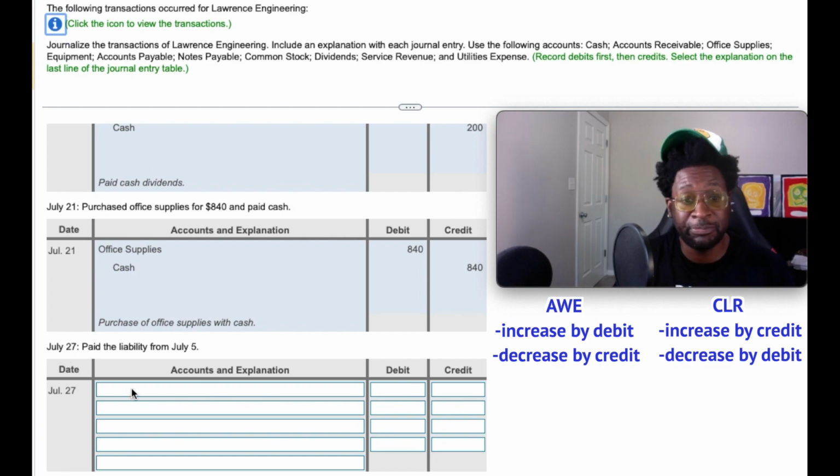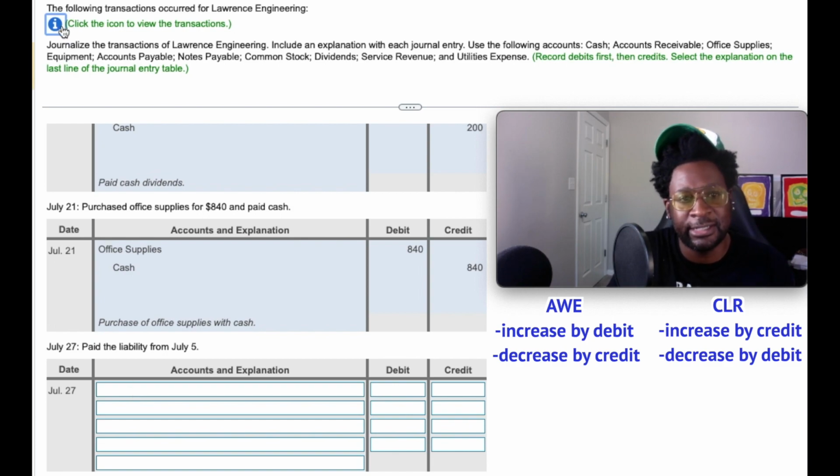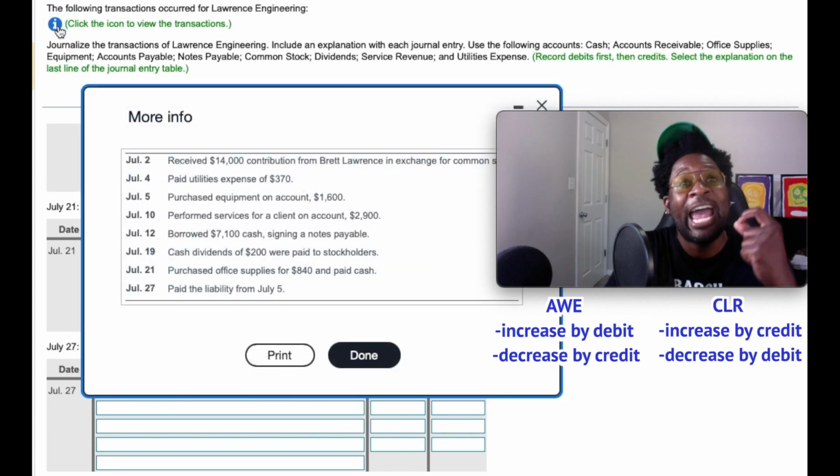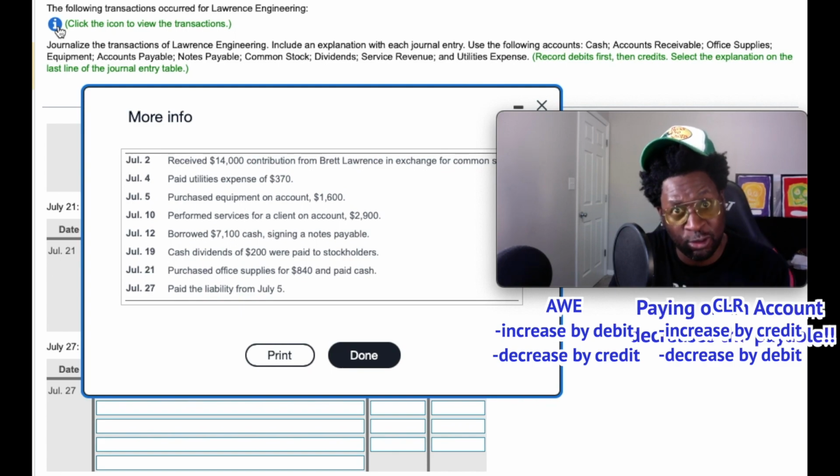Well, keyword is paid, so cash is going down. Cash is a part of the all side, so we're going to credit cash. And accounts payable is a liability, and since it's a liability, it is in the clear side. And clear sides have to go down with a debit. Now remember, gang, anytime you pay on a liability or a bill, that liability has to go down.